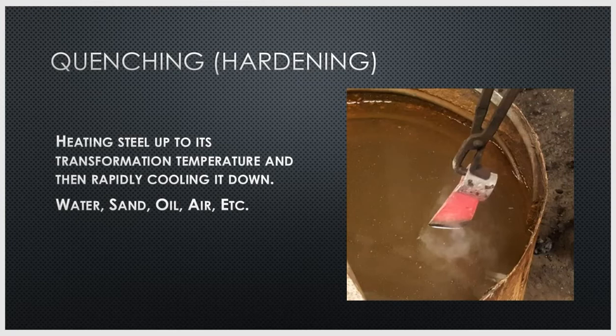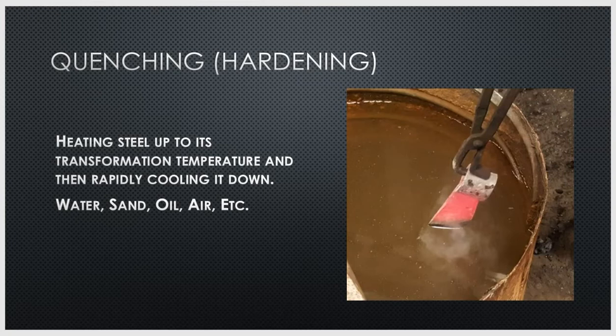And if you don't allow the steel enough time to cool off at a normal rate, or basically cooling off by itself, that's going to trap those carbon molecules within those grain structures. And when you do so, you're turning the steel into what's called martensite.